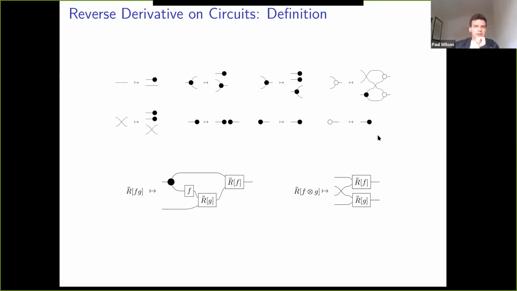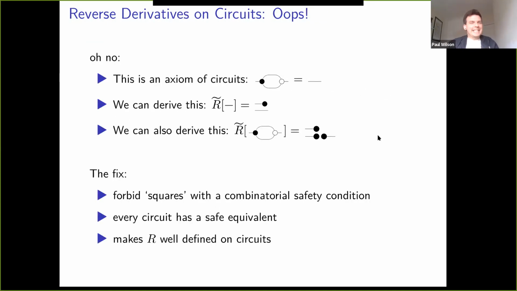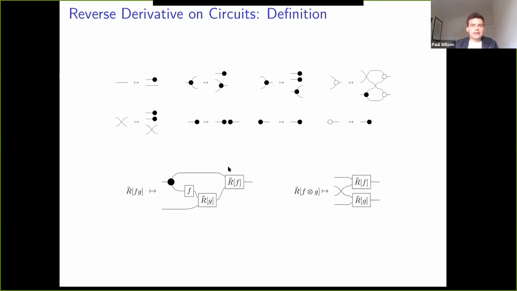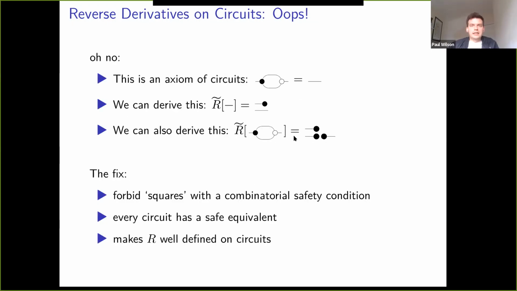Cool, so we have this definition on circuits and we can just apply it, right? Well, not quite. Because we have this axiom of circuits, x squared equals x, we know by definition that the reverse derivative applied to identities is this thing, but we know that this is the identity by this axiom. And if you take the reverse derivative using the definition on composition and simplify, you can work out that it's this.